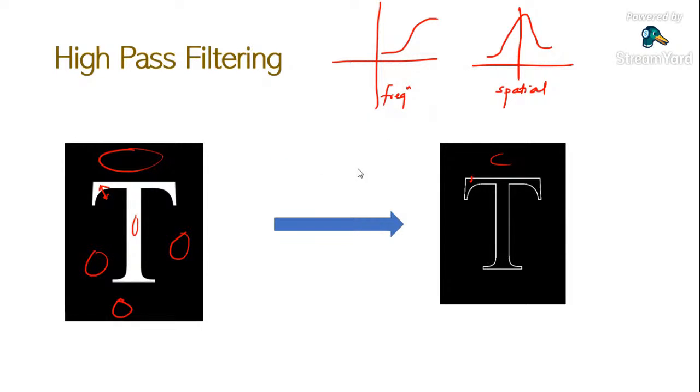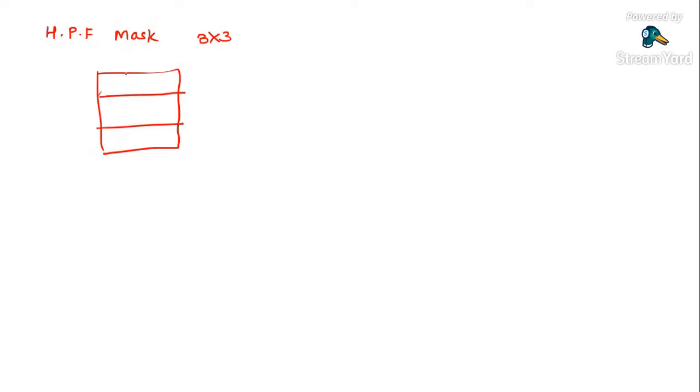Now, what is the mask that can be used for a high pass filter? We will take a 3x3 mask. This mask is 1/9 times -1, -1, -1, -1, 8, -1, -1, -1, -1.